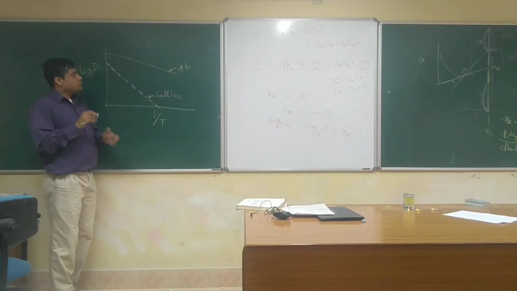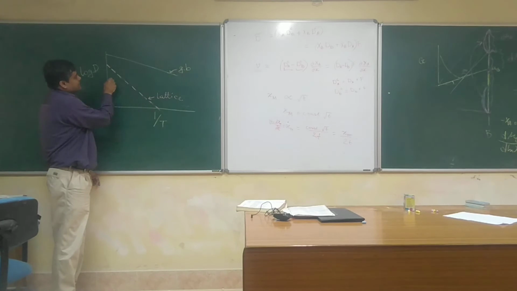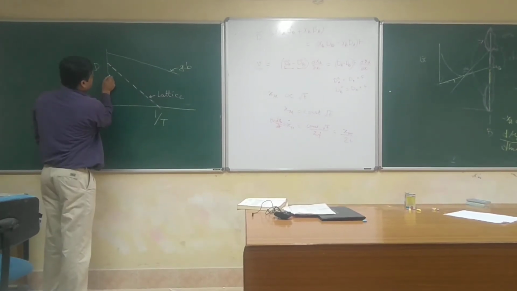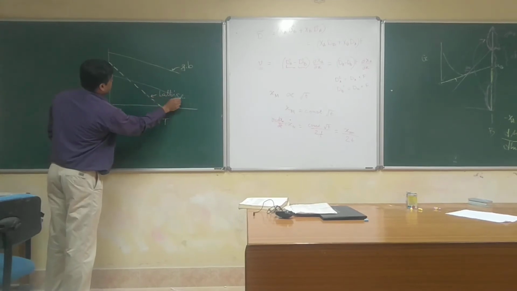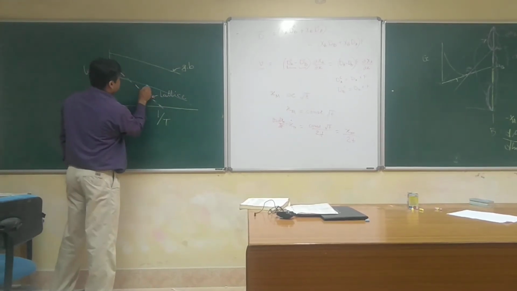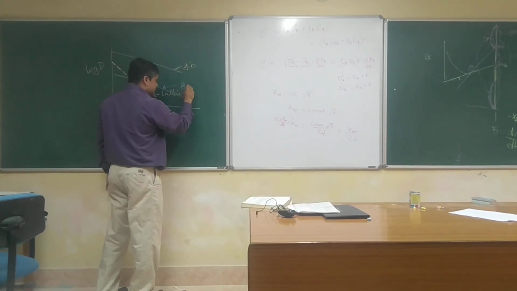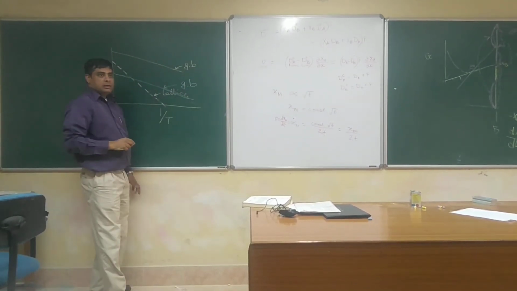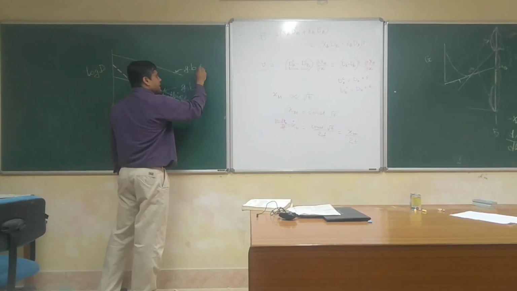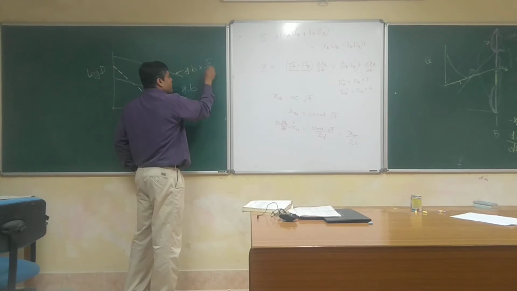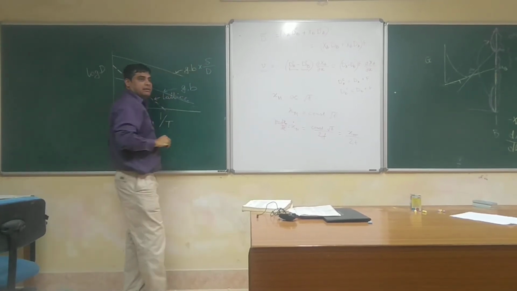If you multiply that, then this will come down. So this is the grain boundary effective contribution, obtained by multiplying by grain boundary thickness over grain diameter.